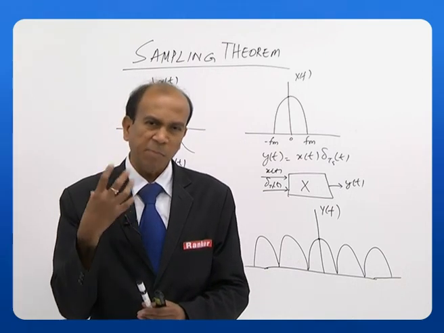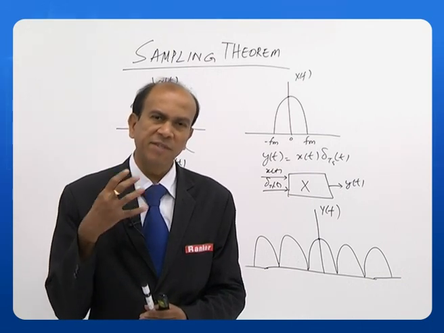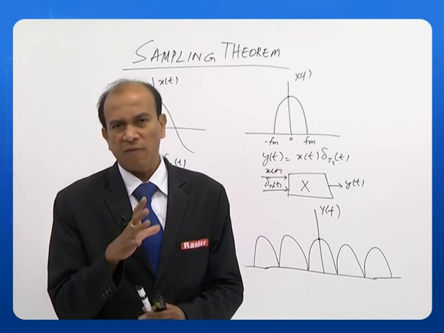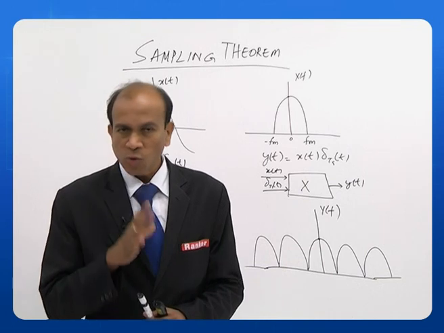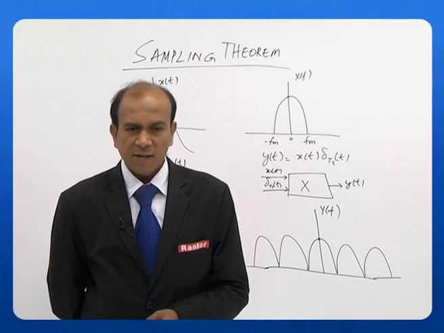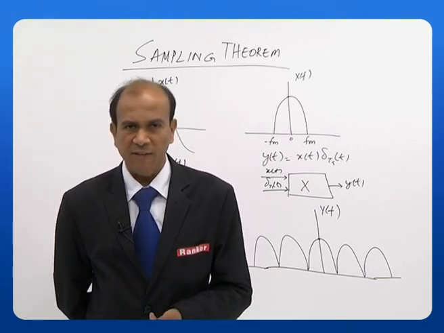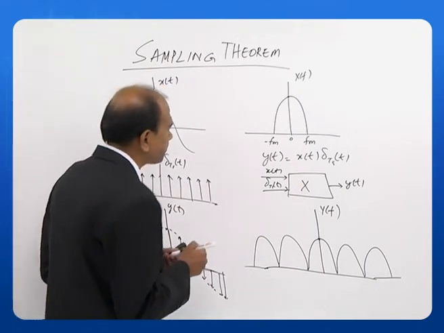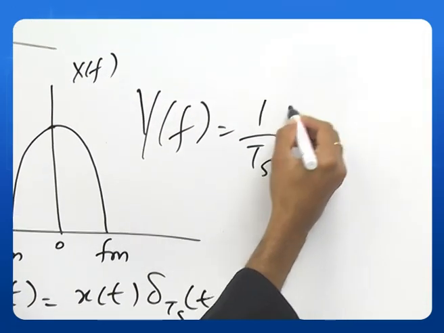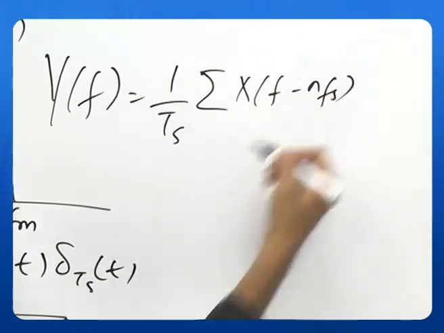If you see the spectrum of x of f and y of f, it is very clear that y of f is nothing but a repetition of x of f with a frequency rate of fs, that is, fs is equal to 1 by Ts. So, what is the equation for y of f? y of f is nothing but 1 by Ts summation from minus to plus infinity x of f minus n fs. What does it mean?